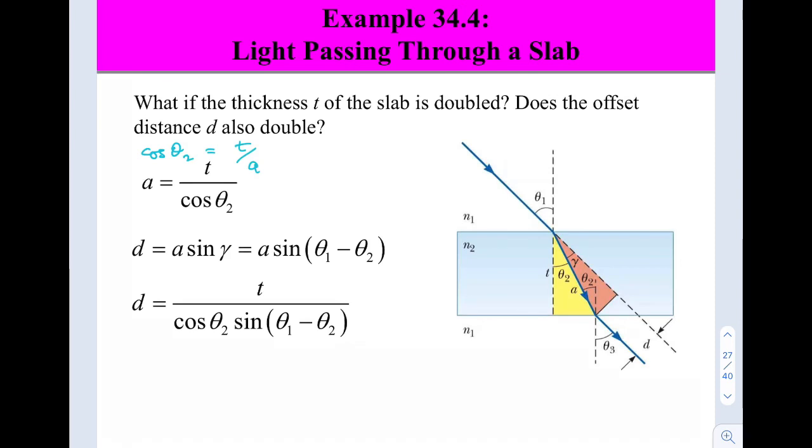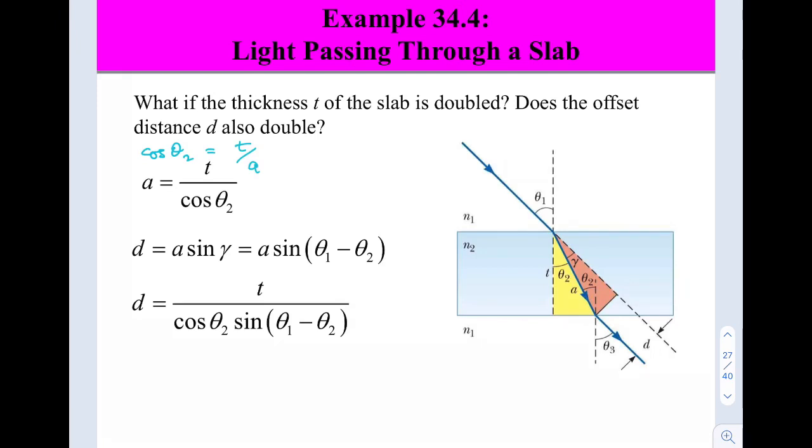And what is gamma? Gamma itself is theta 1 minus theta 2. Right? From here, you substitute the value of A into this equation, then you will get this. For the given incident angle theta 1 here, the refracted angle theta 2 is determined solely by the indices of refraction.